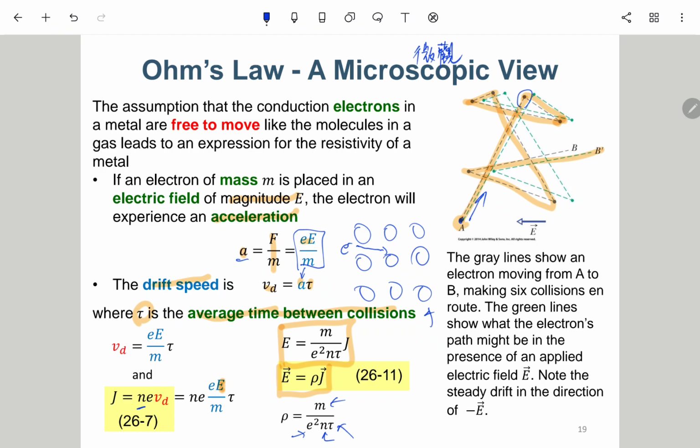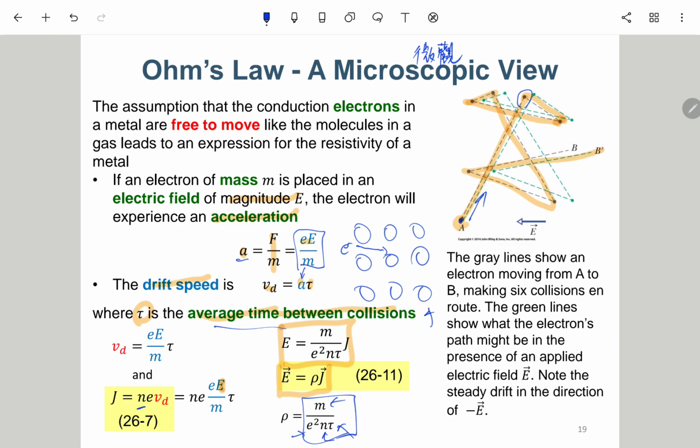So for a fixed material, we assume that this average time between collisions is only related to the material itself. So this is a constant related only to the material, and for different materials this constant may be different. It also explains why the resistivity rho is only related to the material.